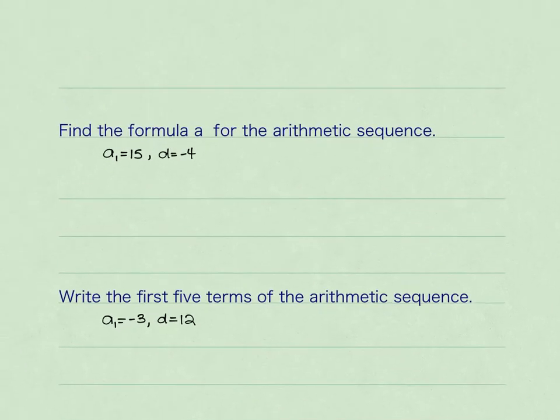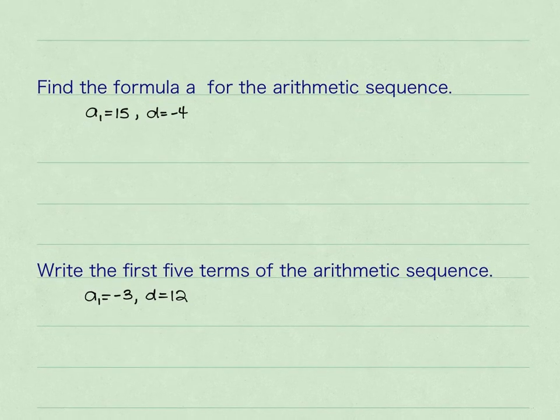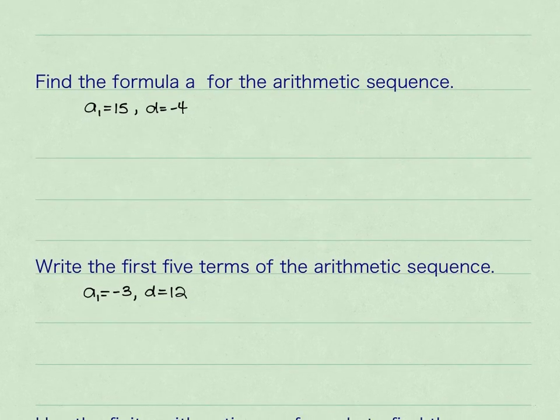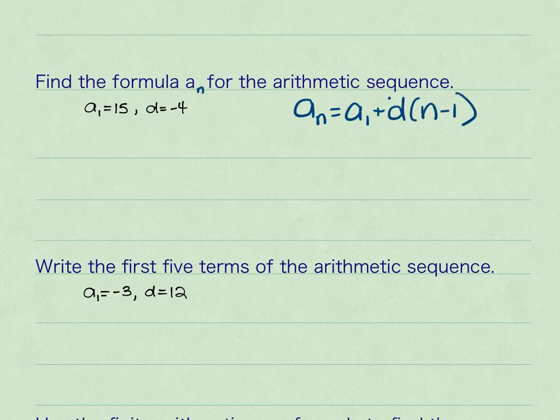All right, find the formula for a sub n for the arithmetic sequence. This is the first of the formulas you have to know, the nth term of an arithmetic sequence.